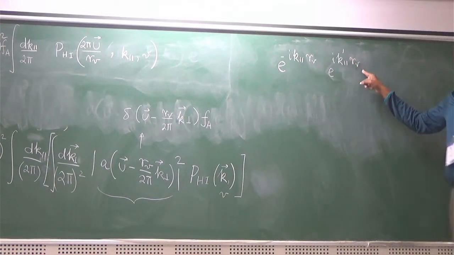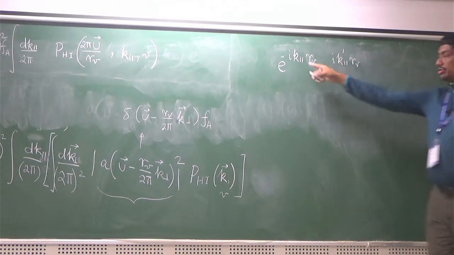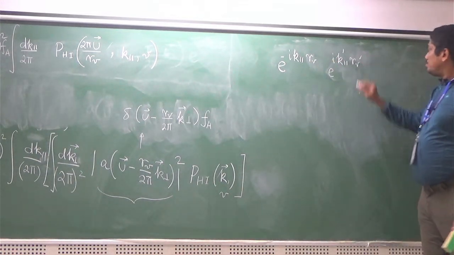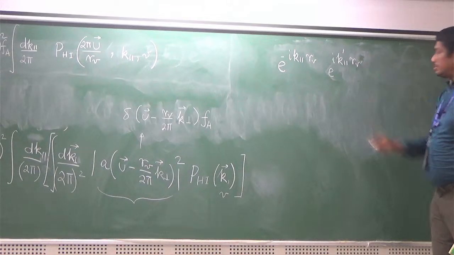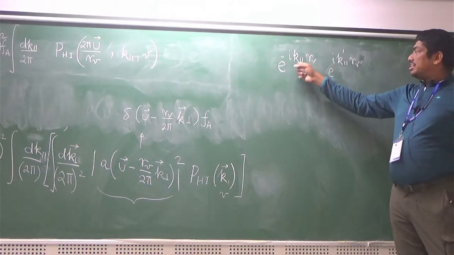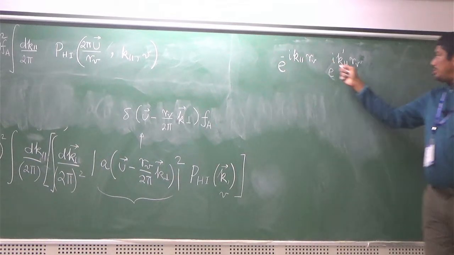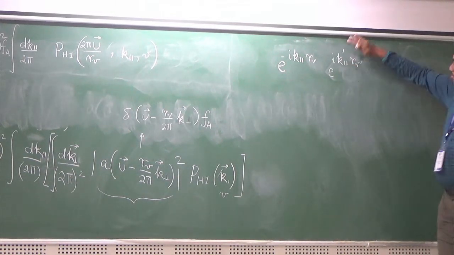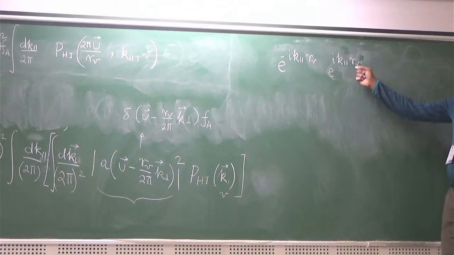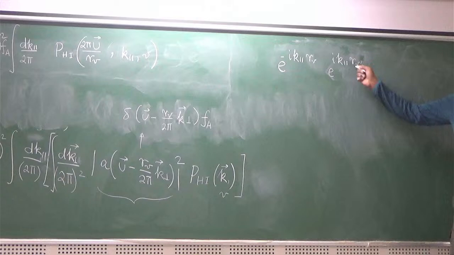Both of them were nu because we were looking at the same frequency earlier. But if I change the frequency, this should also be nu prime. And when you do the delta function integral over k, this will become k parallel. So that prime I can get rid of, but this will now be nu prime.